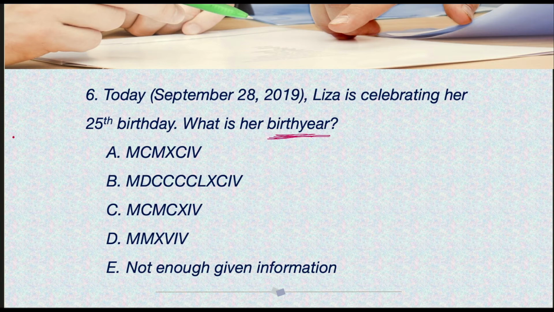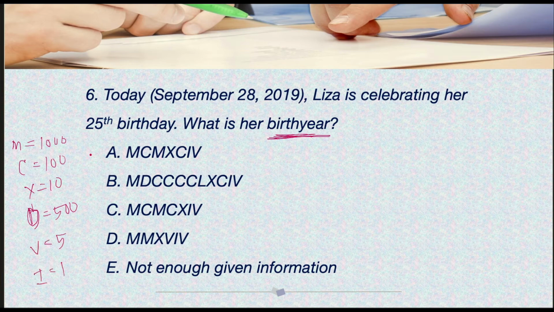Just remember that in Roman numerals, M represents 1000, C represents 100, X represents 10, and what's the missing one? Letter D. D is 500, and V is 5, and I is 1.